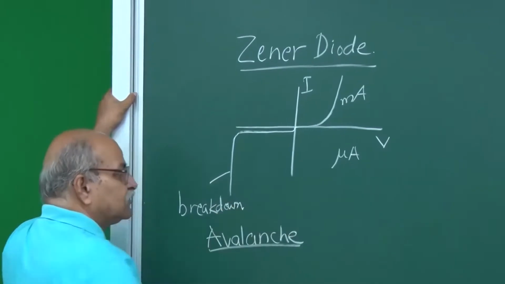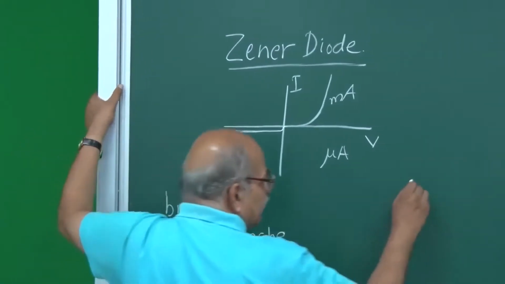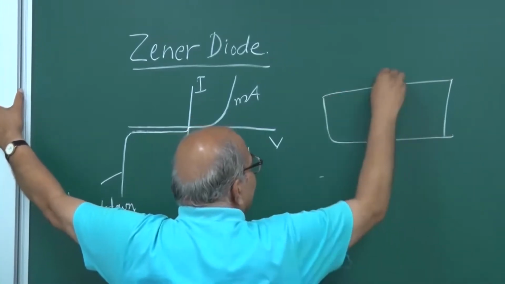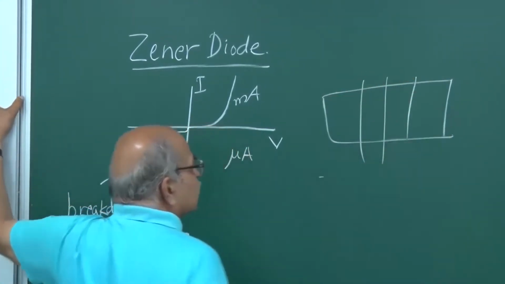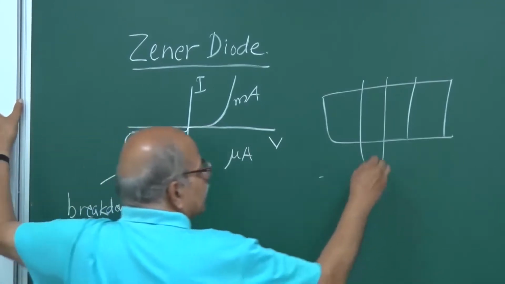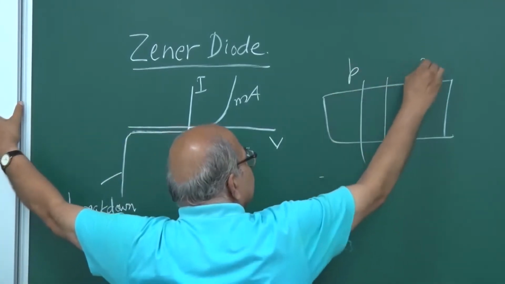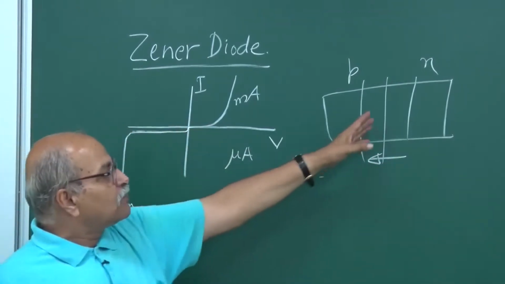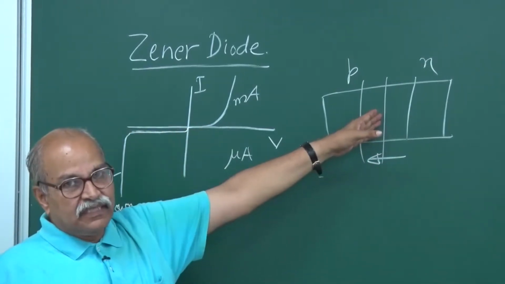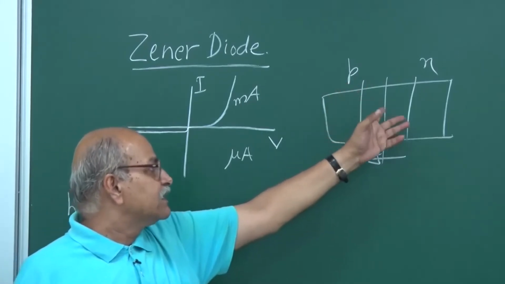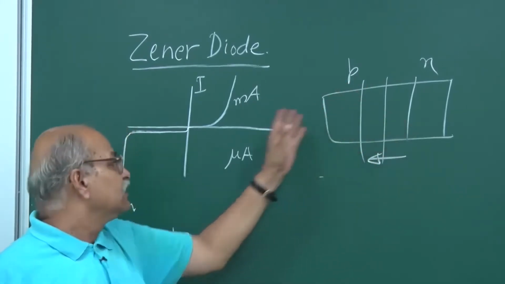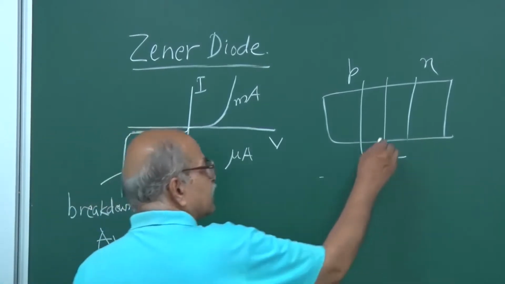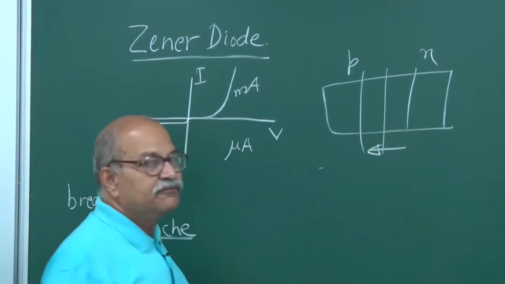Avalanche breakdown. So the reason is that if you have a p-n junction and a depletion region is there, the electric field is there, this is p side, this is n side, the electric field is this way. So any hole-electron pair which is here, or the minority carriers which are giving rise to this reverse current, they are accelerated by this field.